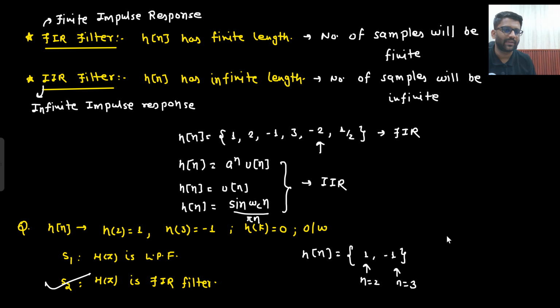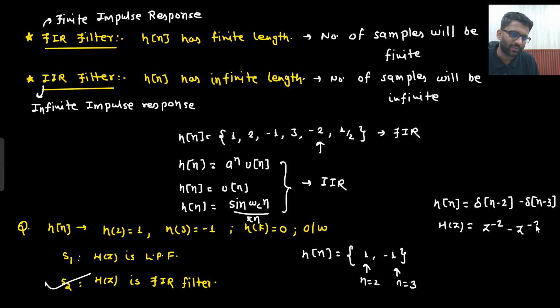Low pass, high pass, band pass, whatever it is. So let's check that. So what is your h(n)? Your h(n) is δ(n−2) minus δ(n−3). So H(z) is z^−2 minus z^−3.